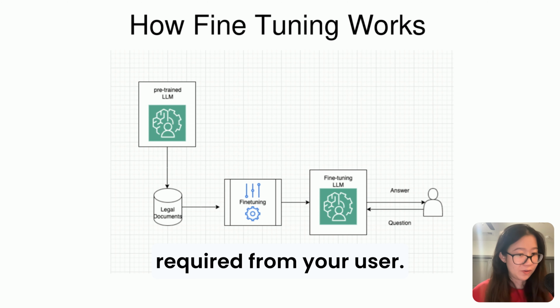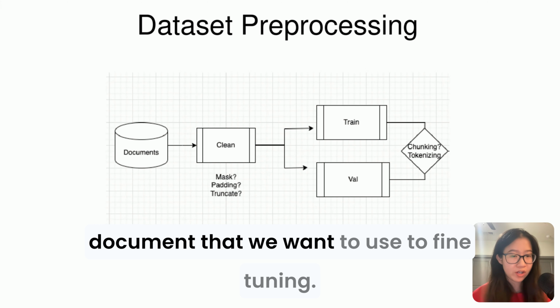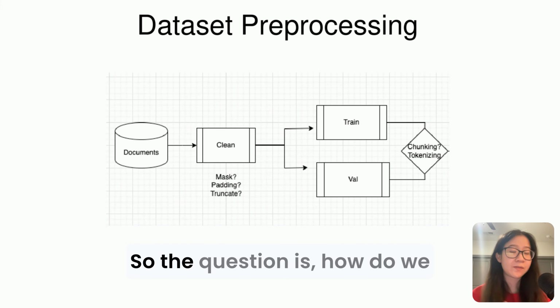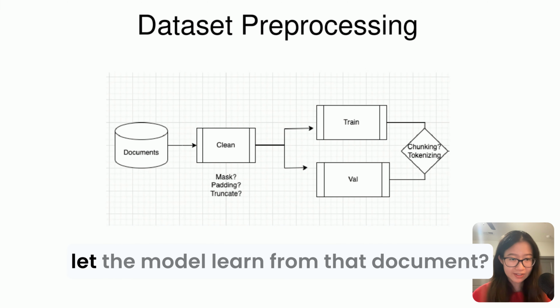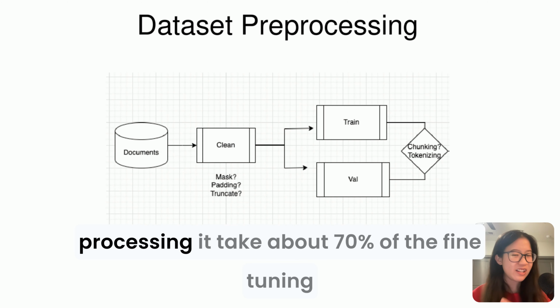required from your user. So in the diagram, you can see that there's a document that we want to use for fine tuning. So the question is, how do we let the model learn from that document? I would say this step, the dataset pre-processing, takes about 70% of the fine tuning task.